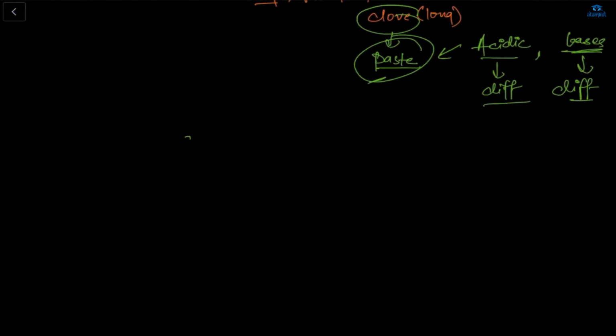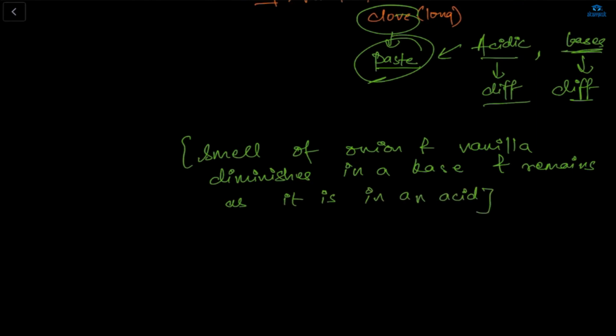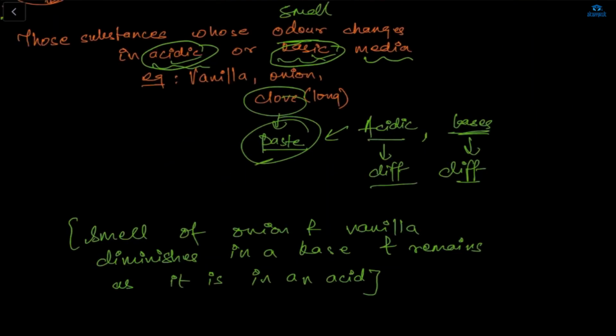And one more point: the smell of onion and vanilla diminishes in a base but remains as it is in an acid. See here what happens. In the clove, if we add acid or base, the smell changes.